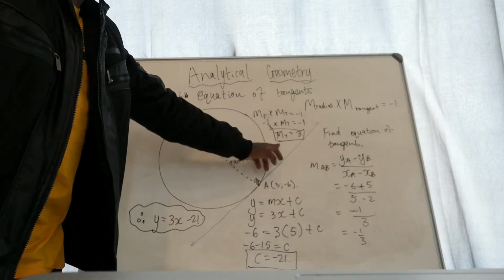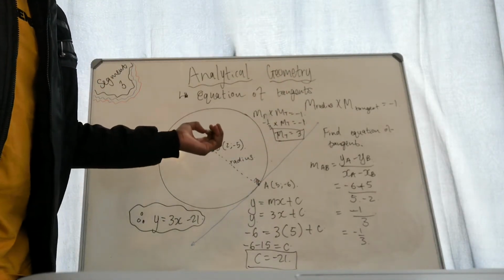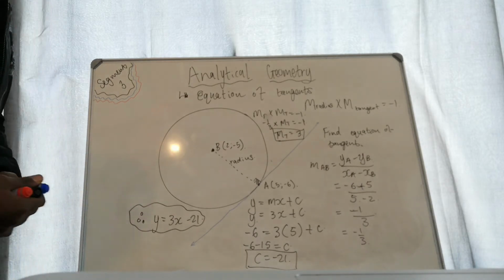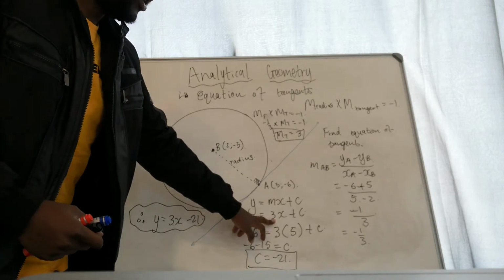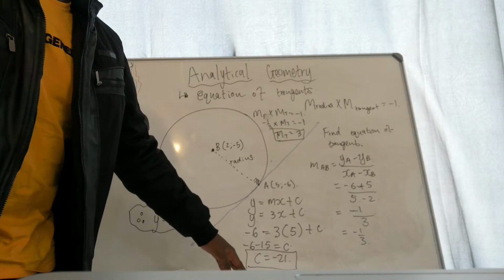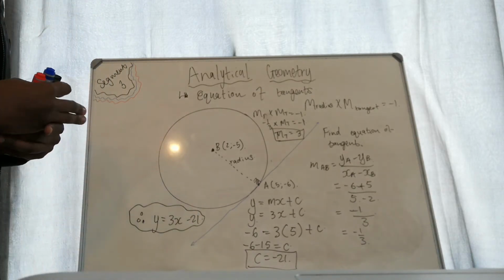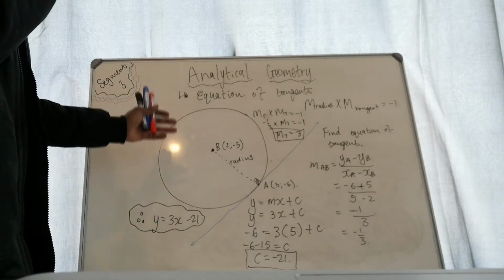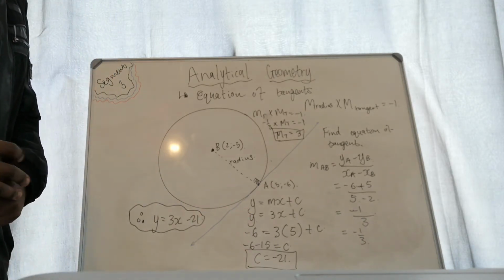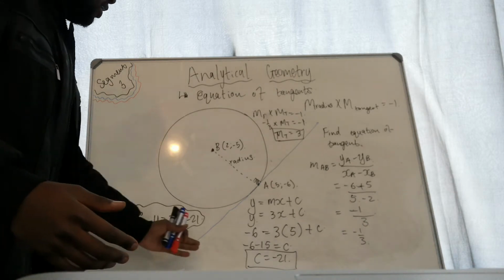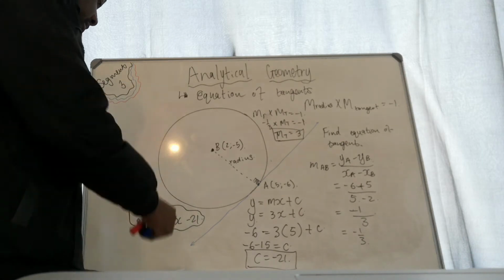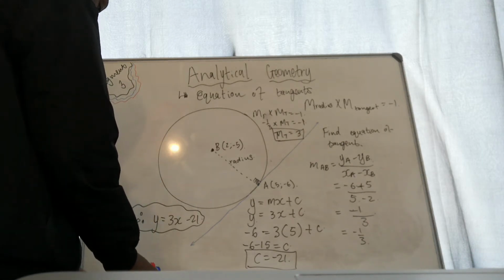And we use that to calculate the gradient of the tangent, which we got as positive 3, right? We use that positive 3 as the gradient of this equation here, and we calculated the y-intercept. Obviously, there's no Cartesian plane here, but if you were to draw your Cartesian plane, that means this line would cut at negative 21. Now we got that. We need to give them the final equation, which is y is equal to 3x minus 21.